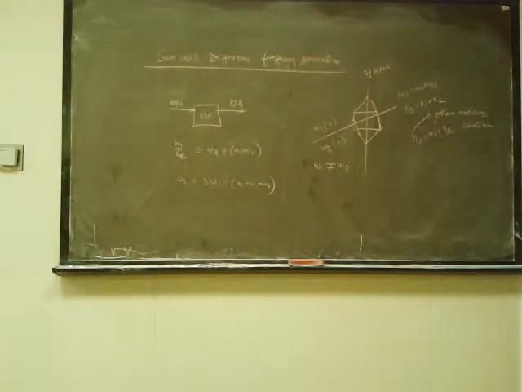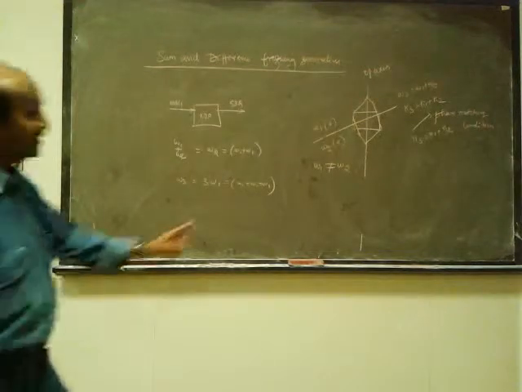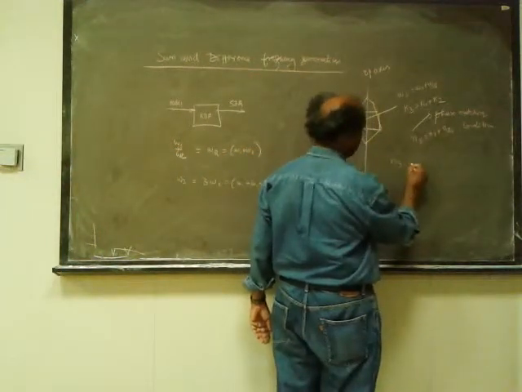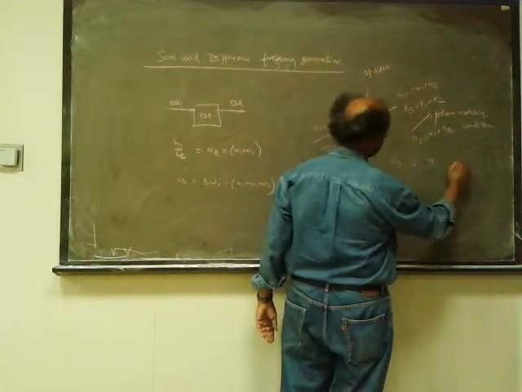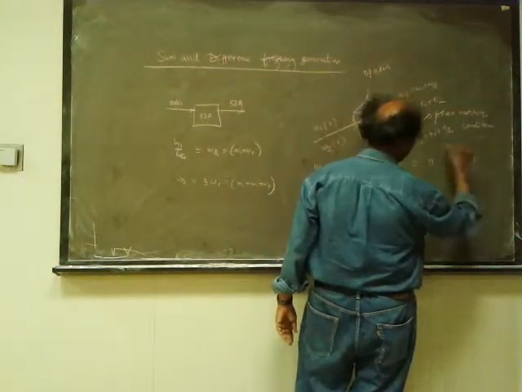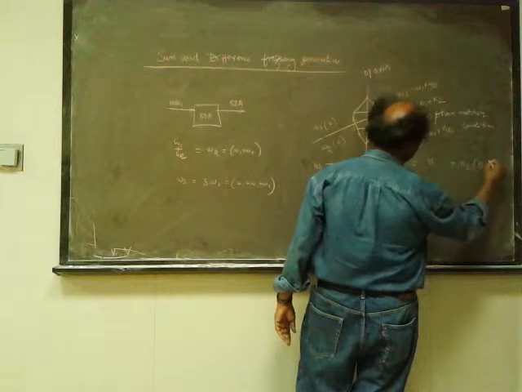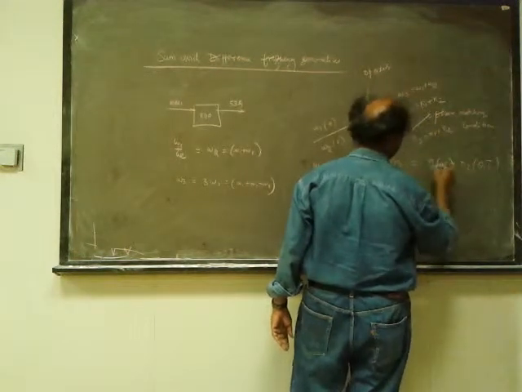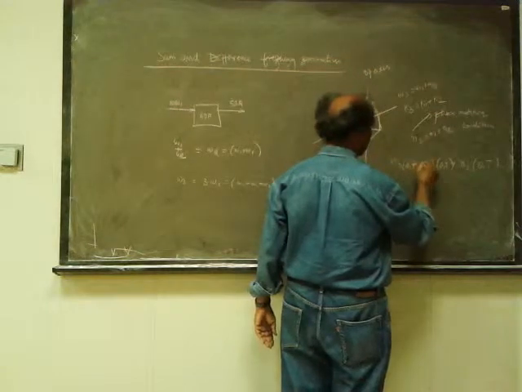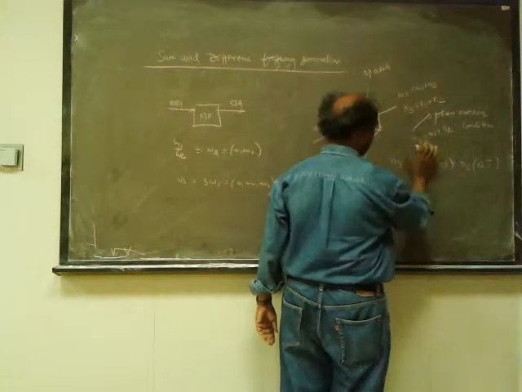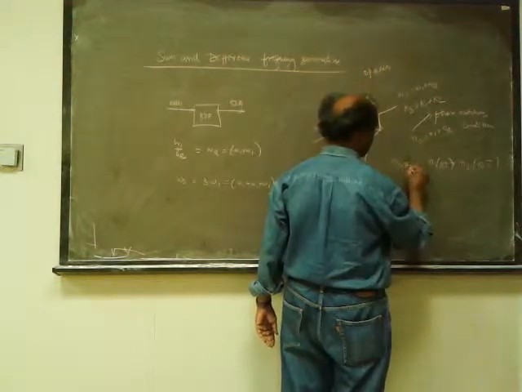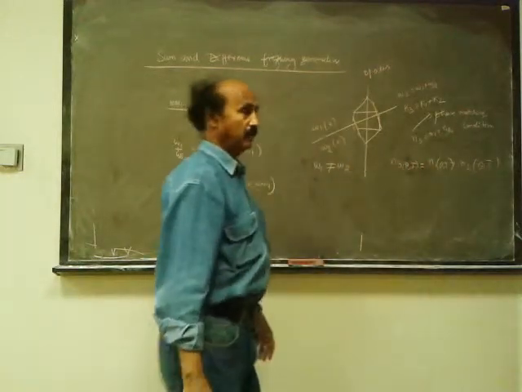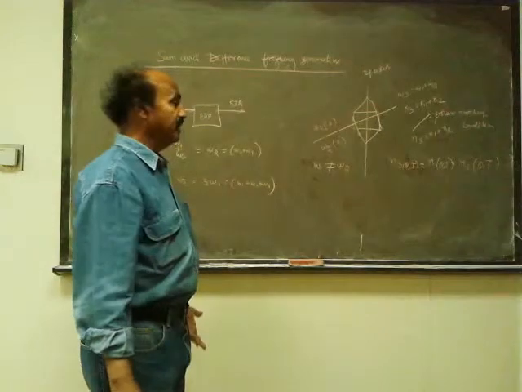Okay, now look at it. Since this condition should be satisfied, look at this one. This N3, this N2, all of them are functions of theta and temperature. Why?